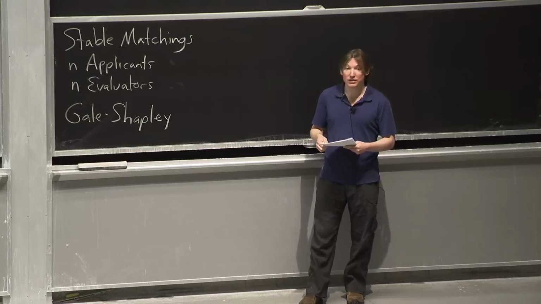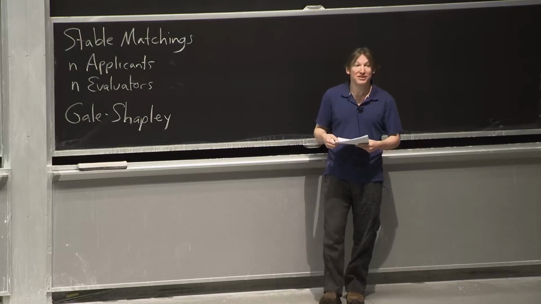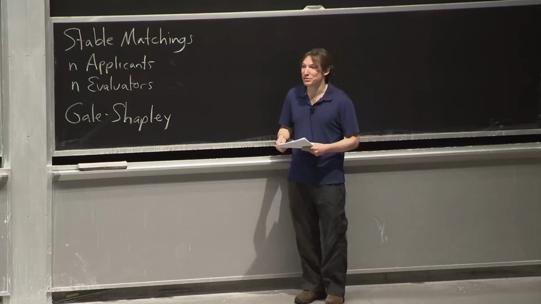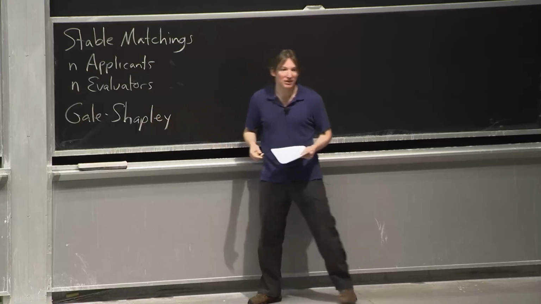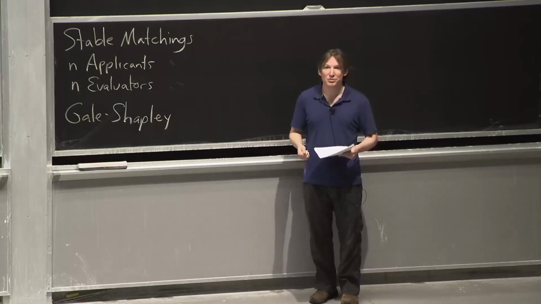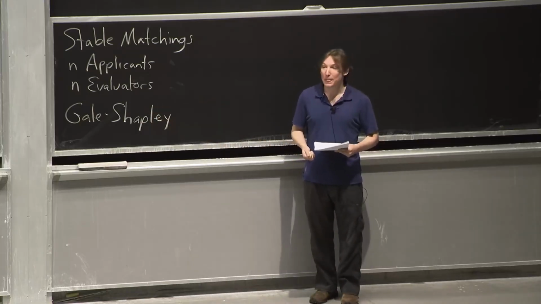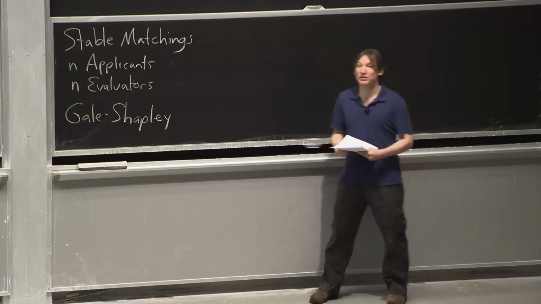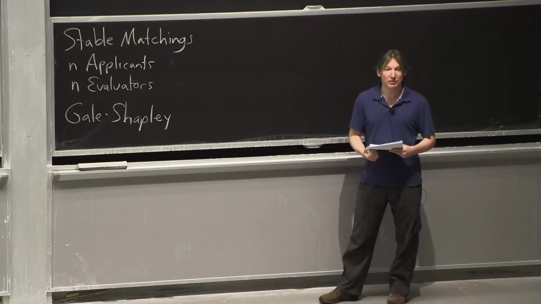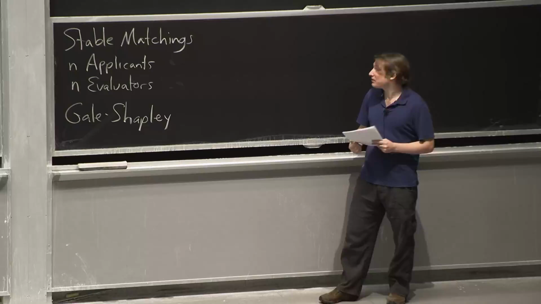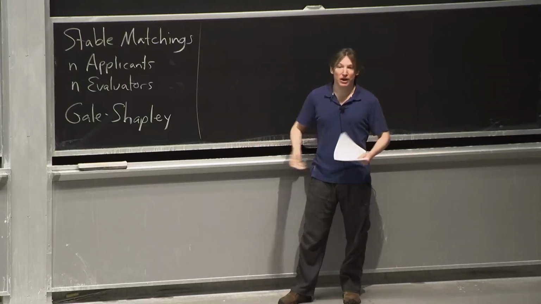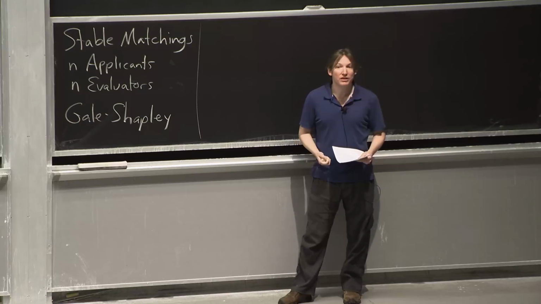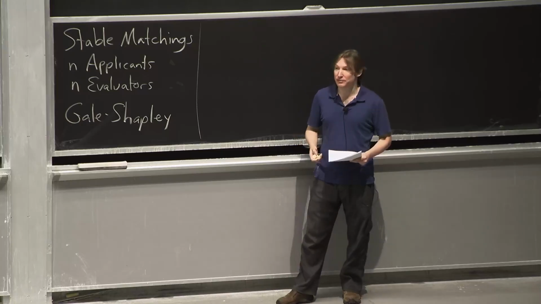And it won them the 2012 Nobel Prize in Economics for L. Roth and for Shapley. I don't know where Gale was in all of this. I don't think he got the prize as well. Anyway, really important, useful, practical algorithm that actually has some fairly simple mathematical underpinnings, enough that we can describe it and analyze it and prove things about it in the next hour we have together.